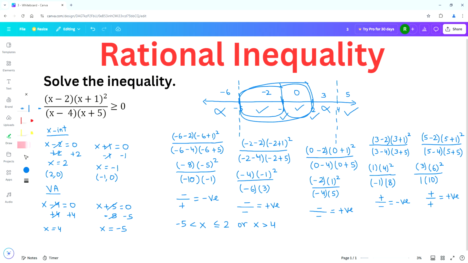We can write this solution in interval notation as this should be the final answer for this problem. So these are the steps you have to keep in mind to solve a problem like this one.